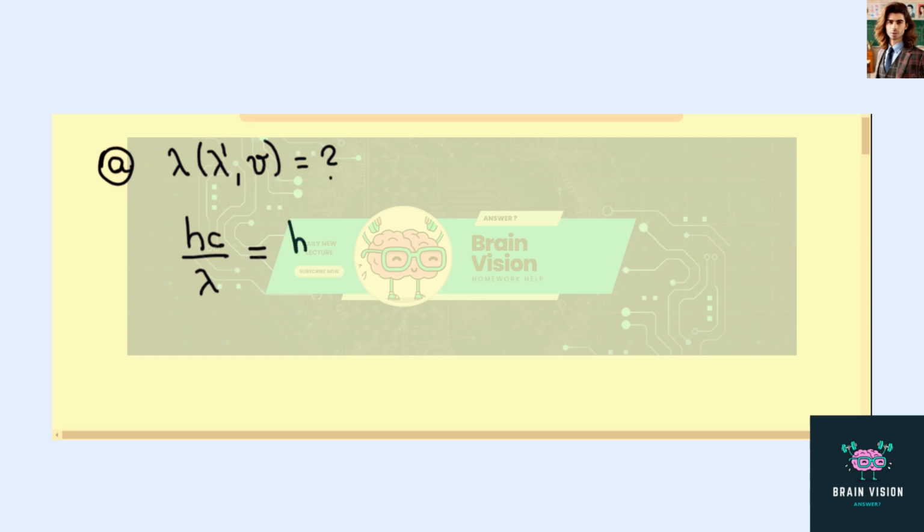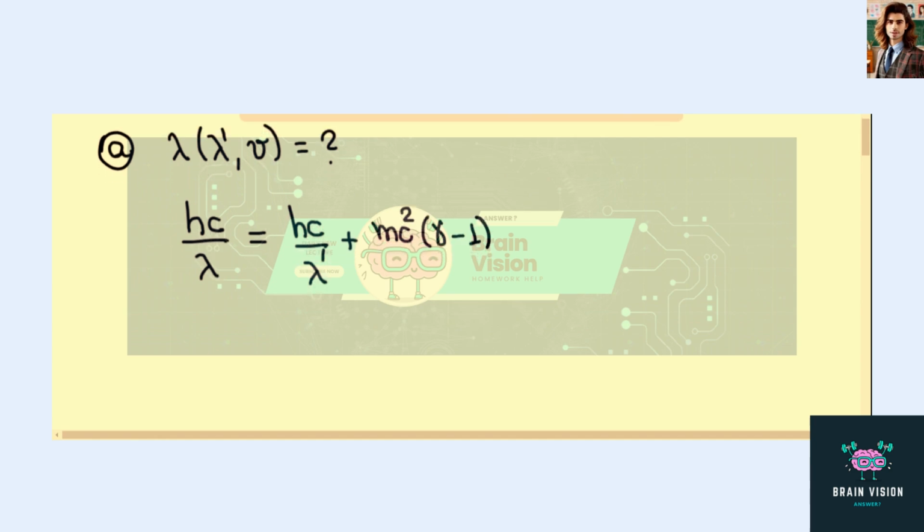This is equal to hc divided by lambda prime, the final energy of the photon, plus the kinetic energy of the electron, which is mc squared times gamma minus 1. My goal here is to isolate lambda, so I'm going to invert.